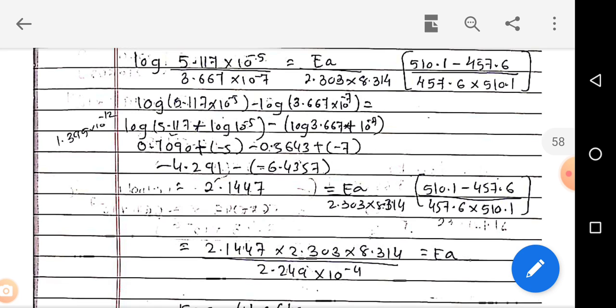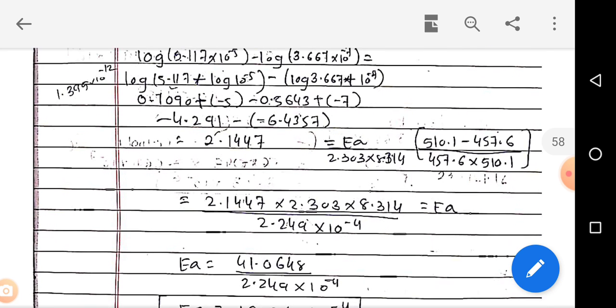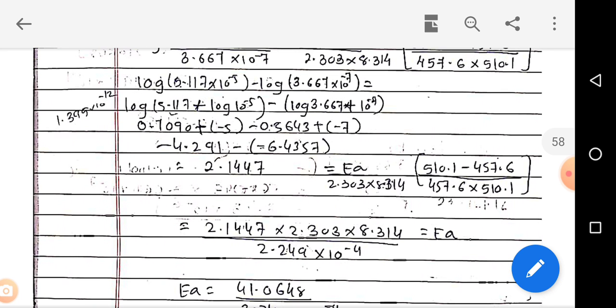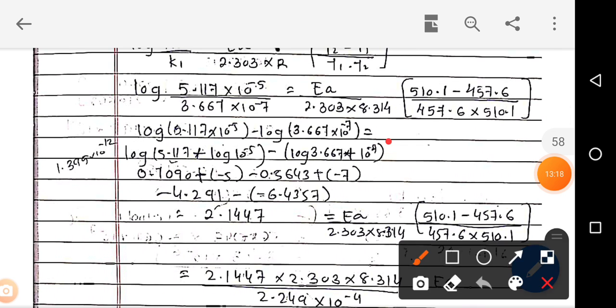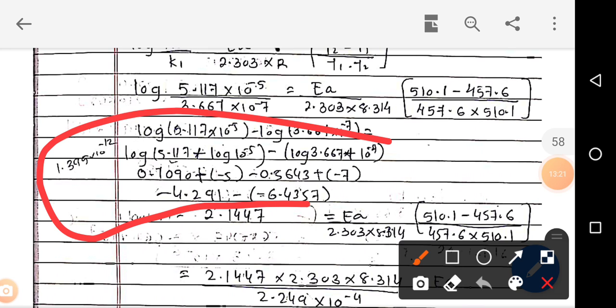Simplifying this equation, we will get the answer easily. The next step is written here, but there is no need to rewrite it; you can simplify it on the side, on another page. Don't write this part in your answer. It is the calculating part, and you have to do it on the side.